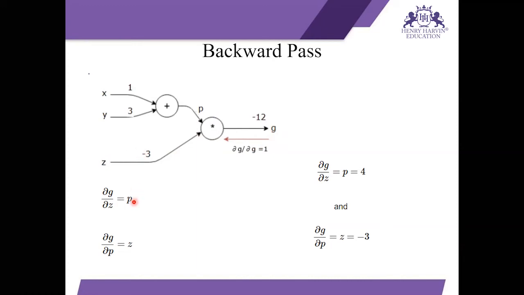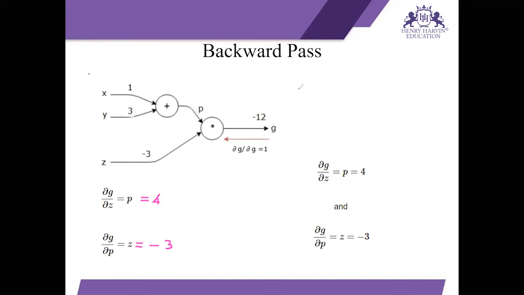What is the value of P now? This is equal to 4. Similarly, let's find dou G by dou P. I'll give you 30 seconds. Can you please think about the answer? Exactly, that is equal to minus 3. That is very clear to us now.